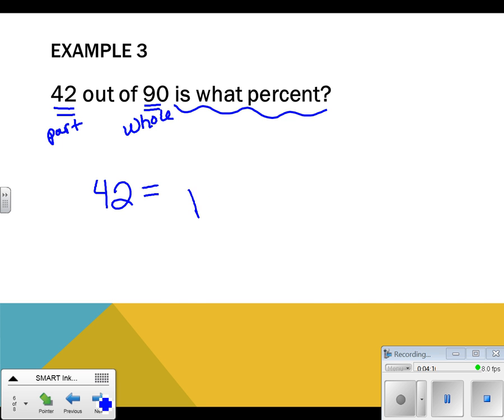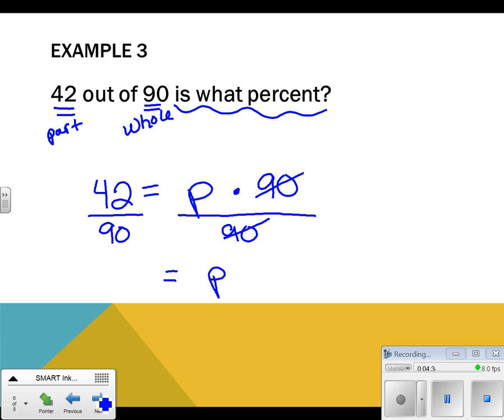So I'm going to put P for percent, times the whole, which is 90. So to use our equality properties, divide both sides by 90 to get the P all alone. That simplifies to P. The percent is 42 divided by 90.